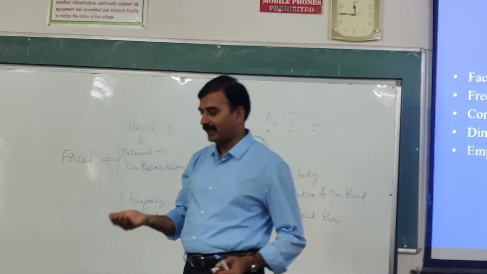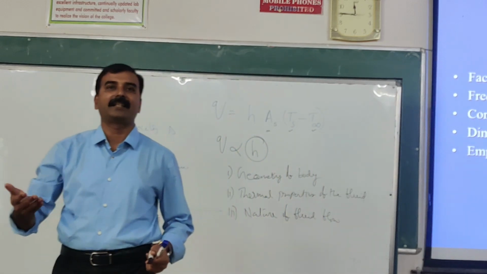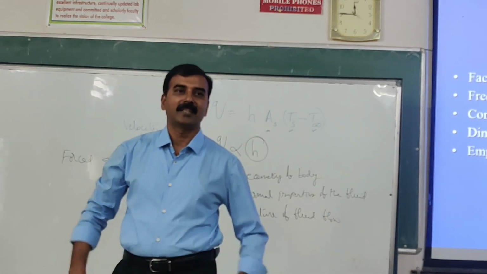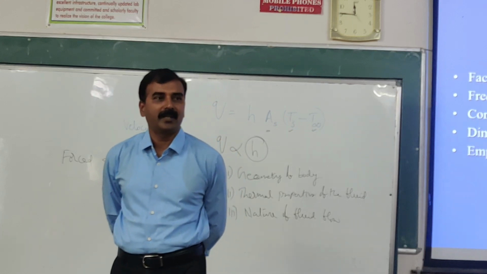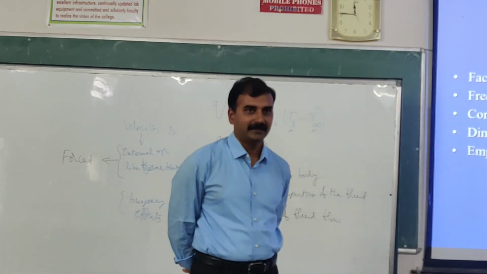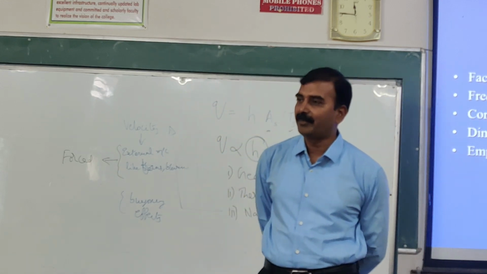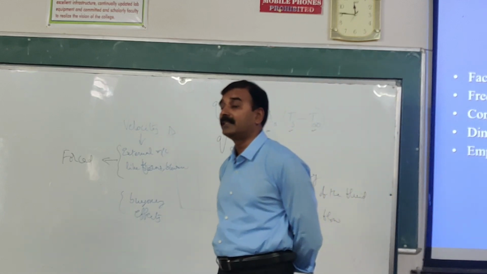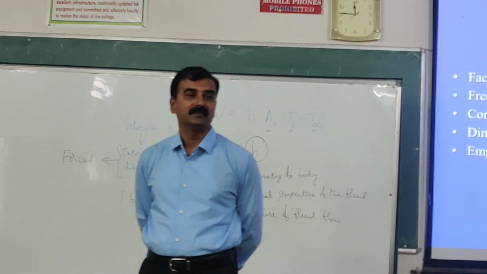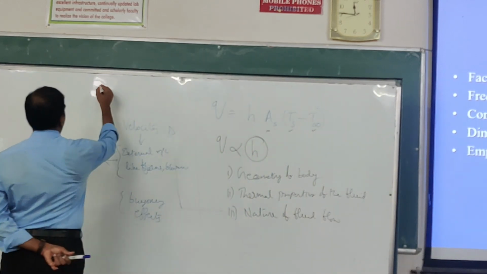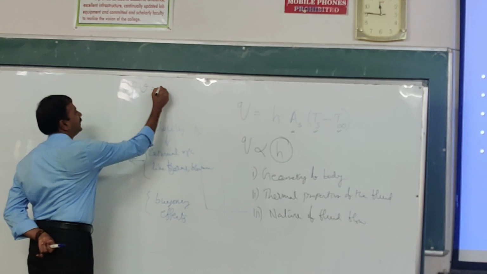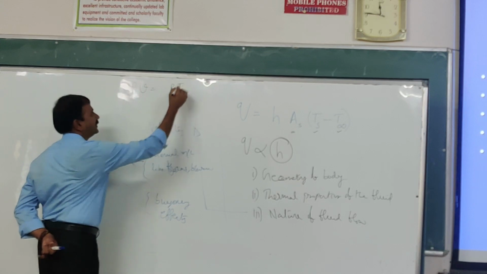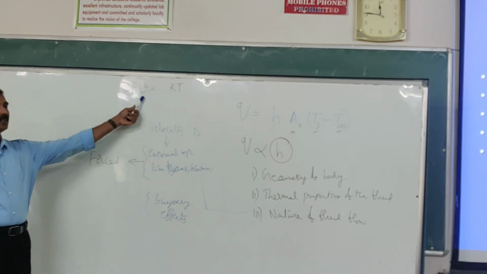Because hotter air or any hotter object will be lighter, right? Its density is less. How can you say that? I am giving a statement: hotter particles or molecules will be lighter, that means their density is lesser compared to the molecules which are at lower temperature. How can you prove that? PV is equal to mRT. When this is already per unit mass, you can simply put it as PV is equal to RT, so v is specific volume.